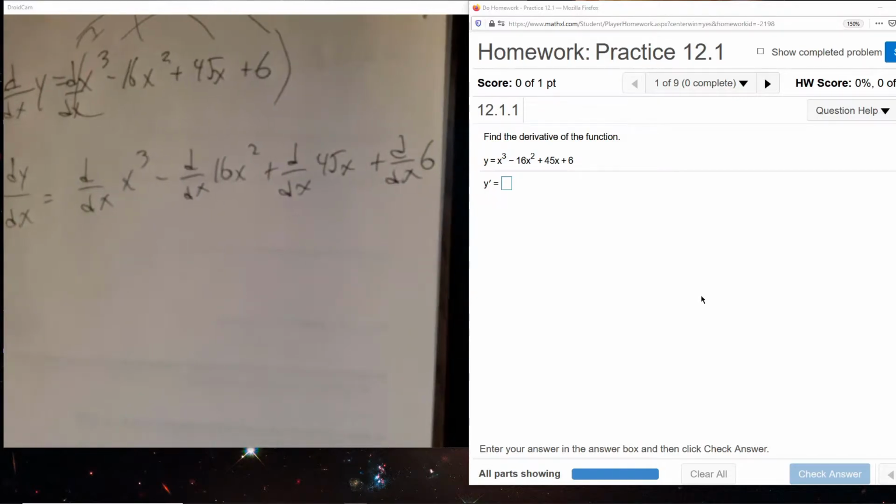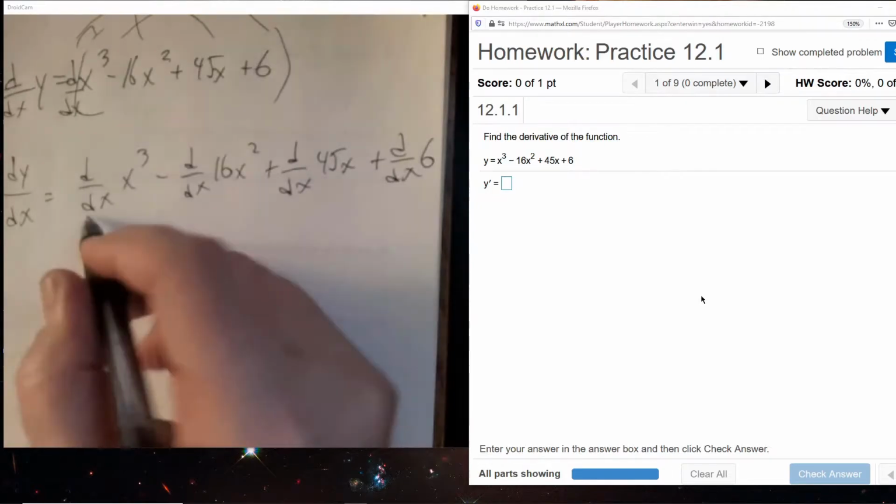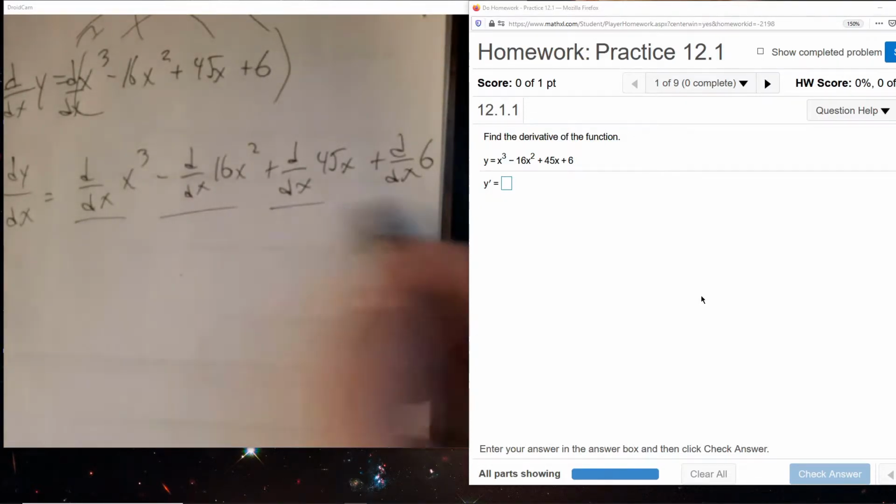So I distributed the derivative to each term. Now, this isn't necessarily a step most people write.